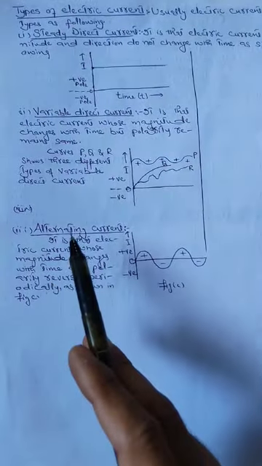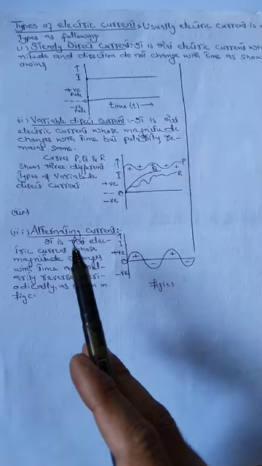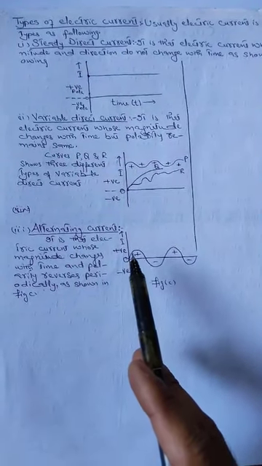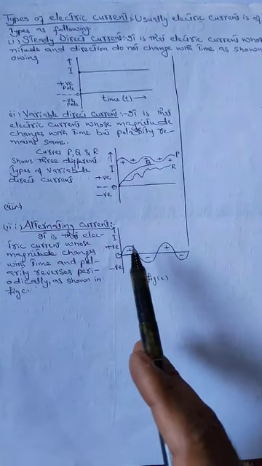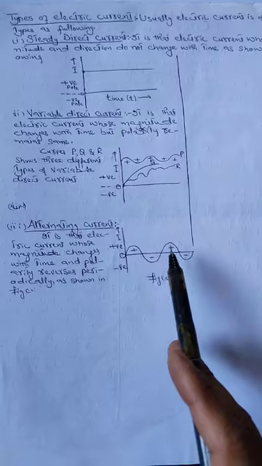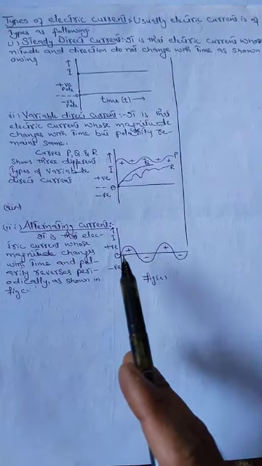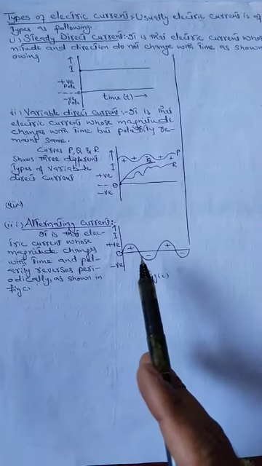Then the last one is alternating current, for which we have a separate unit in class 12th. See here, both things arise. The polarity changes, this is positive, then this line comes to negative. So polarity changes, positive, negative, positive, negative, right? And next, there is also a change in magnitude. This rises up, then comes down, goes to zero, then comes to negative.